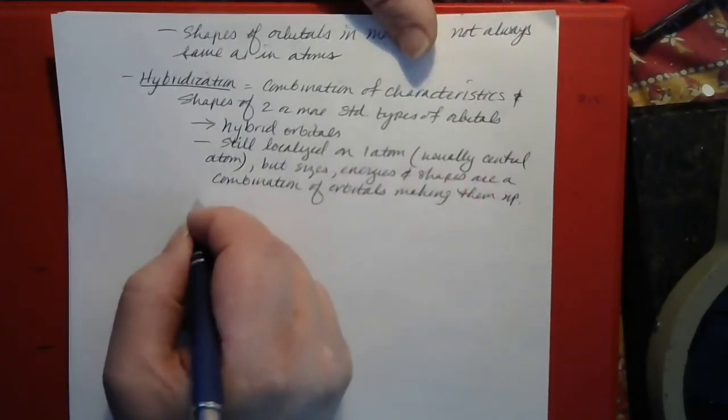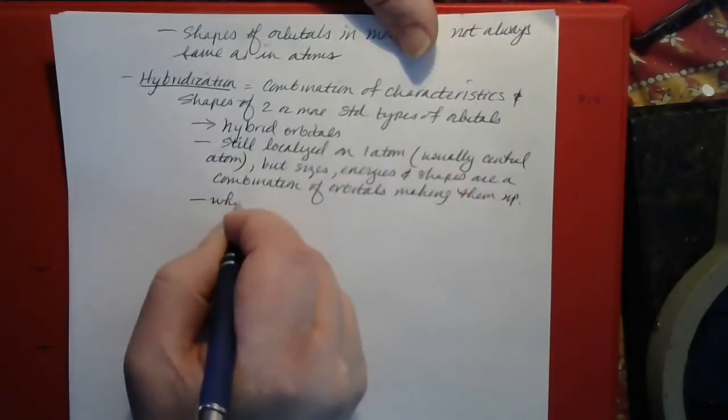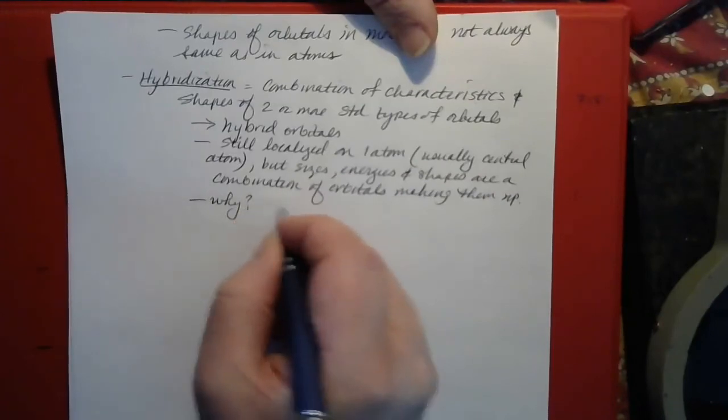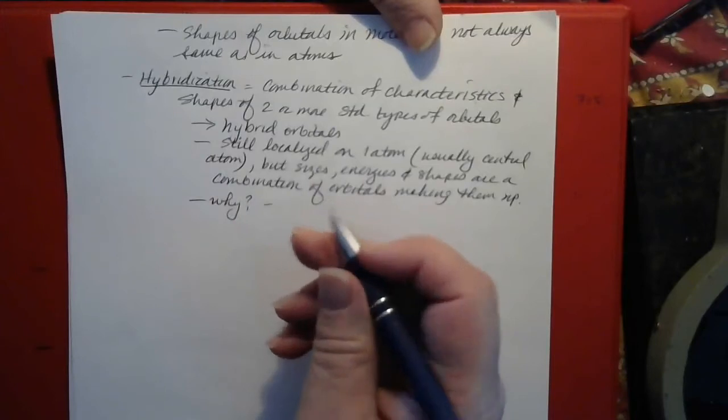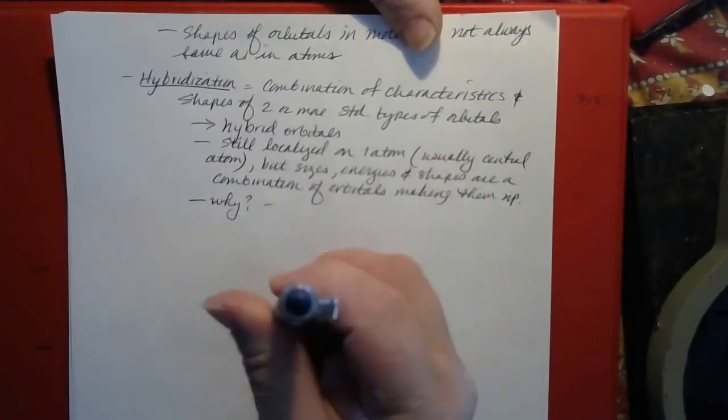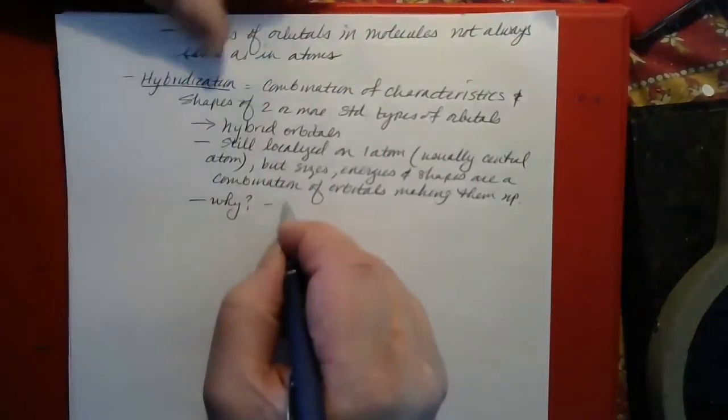And the reason why this happens is because energy density is more concentrated in a given lobe in hybrid orbitals.